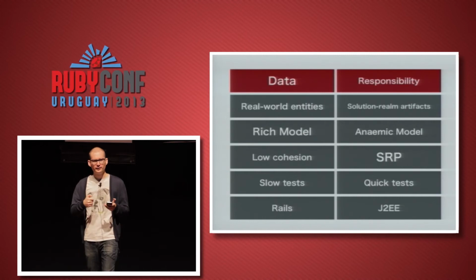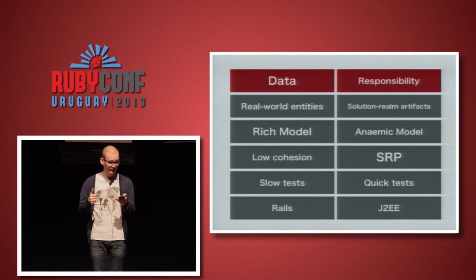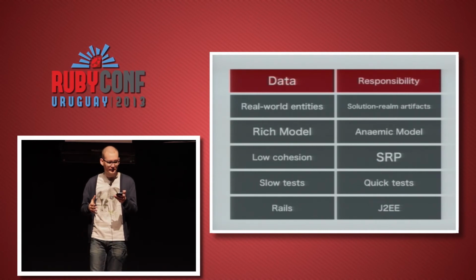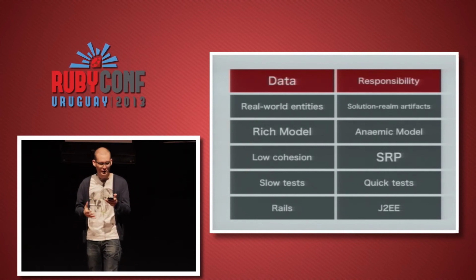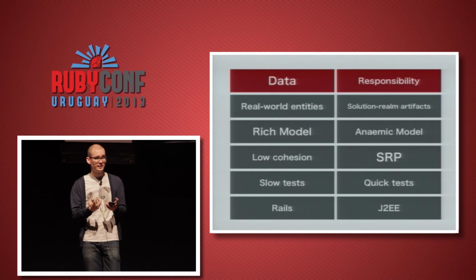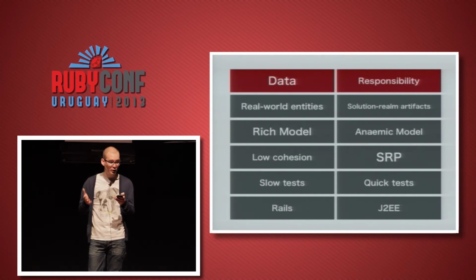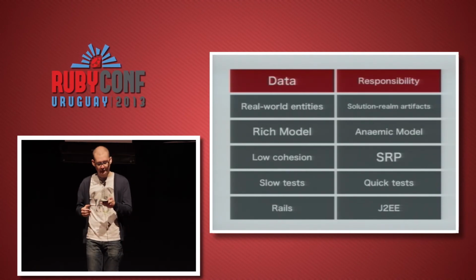I find the differentiation of styles useful for two reasons. The first is to acknowledge that there are different design styles and that each one of them has its own trade-offs, which are intrinsic to the style itself. And the second reason is to acknowledge that Rails follows one of the styles and not the other.